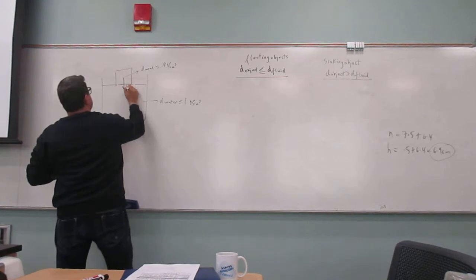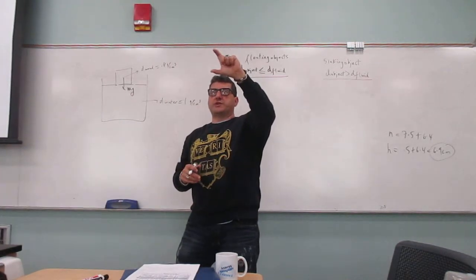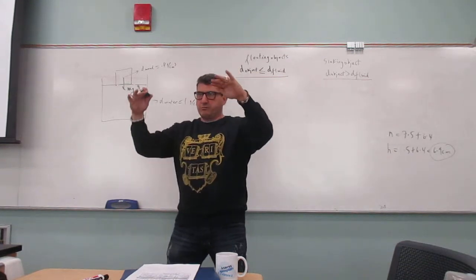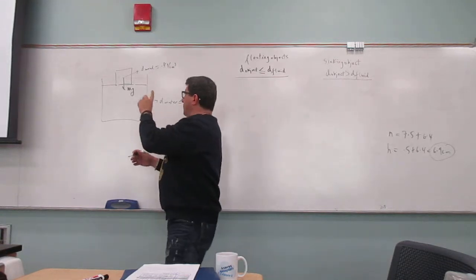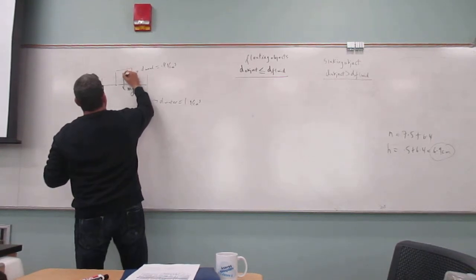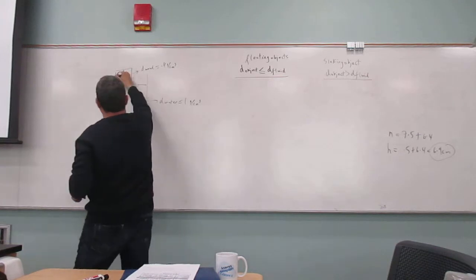Gravity takes over and the thing starts to sink. But as it's sinking, it's displacing more and more water, occupying the place of the water. So the buoyant force on the object gets bigger and bigger because it's displacing more as it sinks.